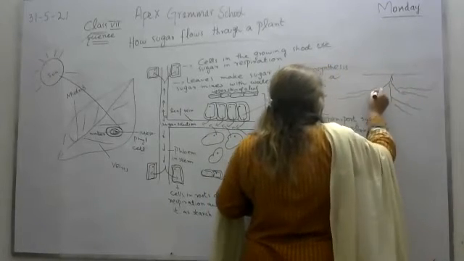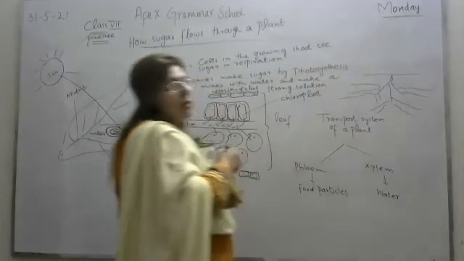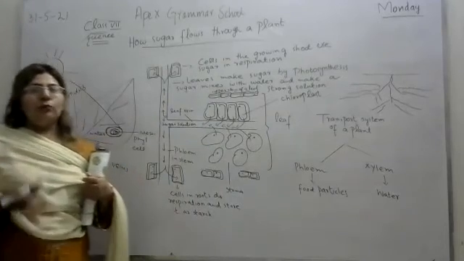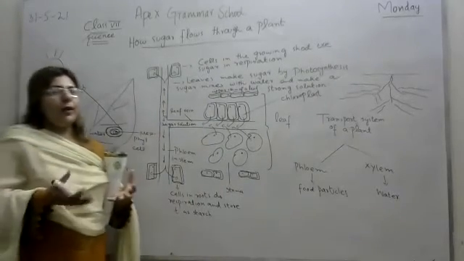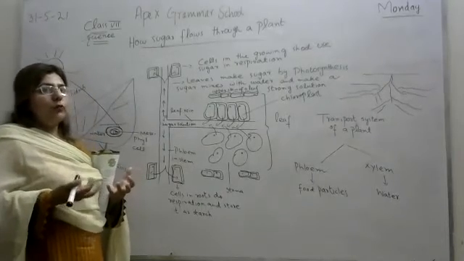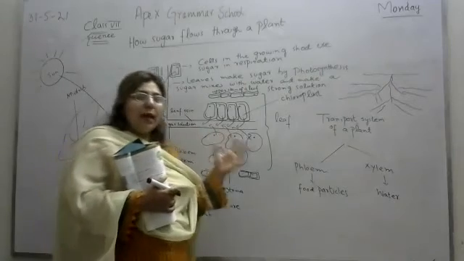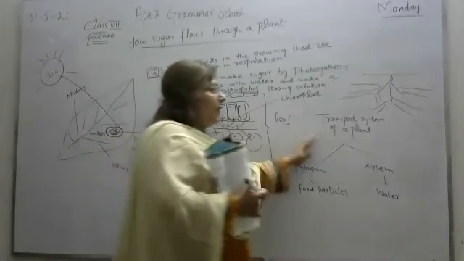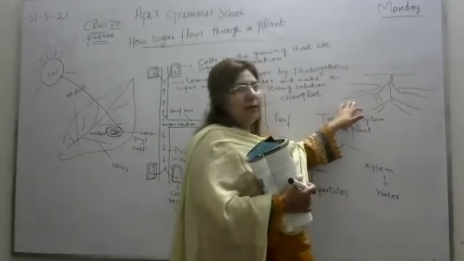So why are these hairs spread very far away from the roots? Because their important job is to collect more and more water for a plant. That's why they are spread under the ground, because the body of a plant needs more and more water. So there will be a higher concentration of water inside the plant. This is a root, and these are root hairs.